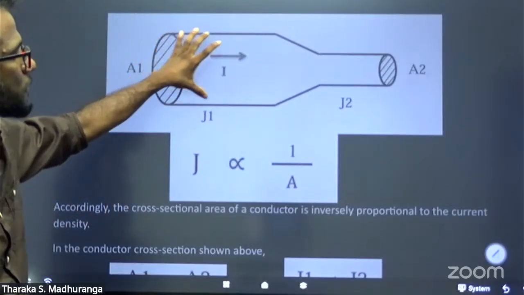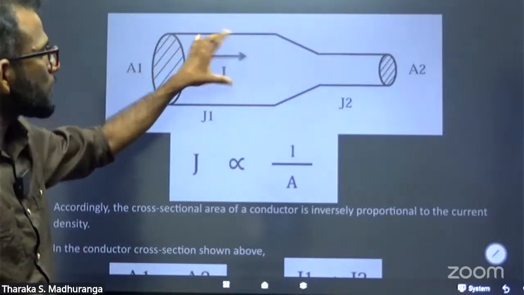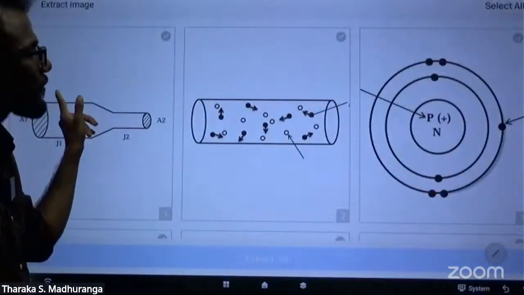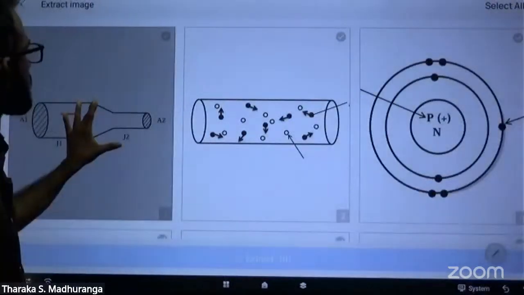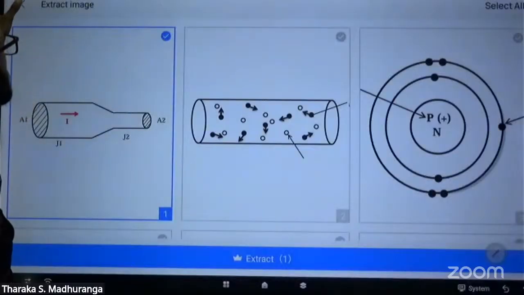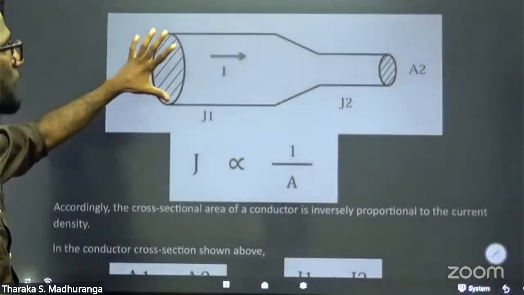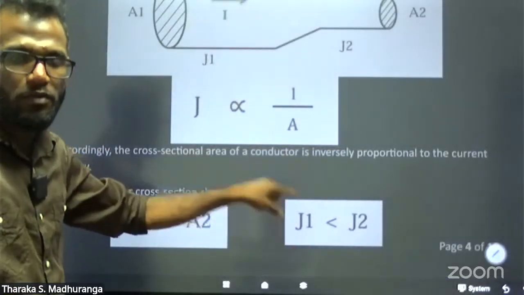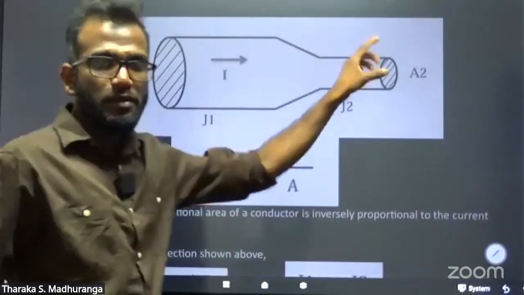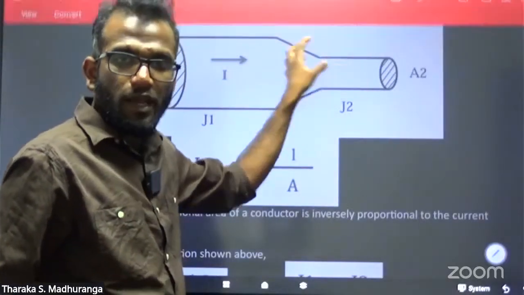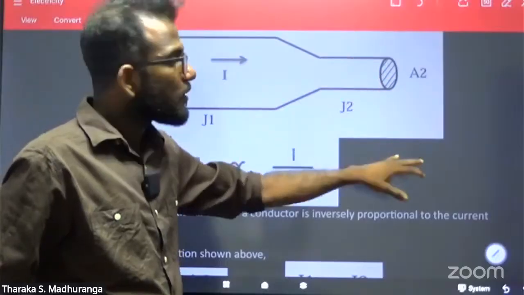On one side, the current density is low, and on the A2 side, due to the low cross section area, the current density is huge.